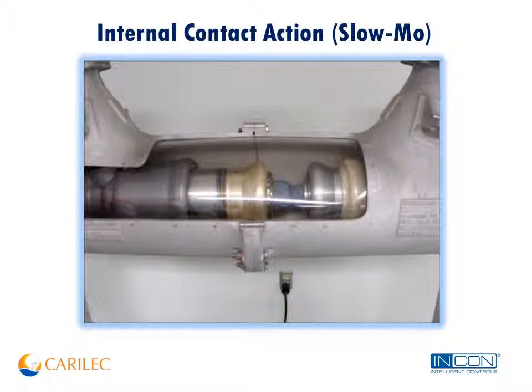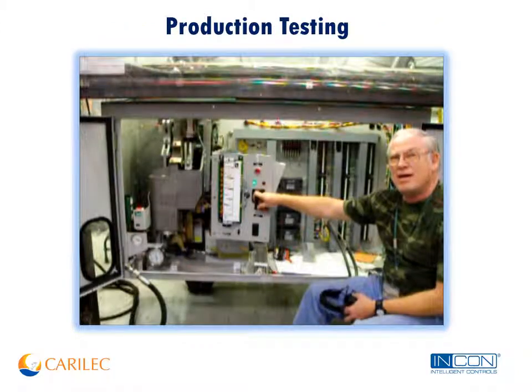Of course, all the interstitial space is filled with SF6 gas. The large silver contact around the outside is the main contact, and there's an arcing contact inside that gray cone. And so those are the two primary components of the circuit breaker.